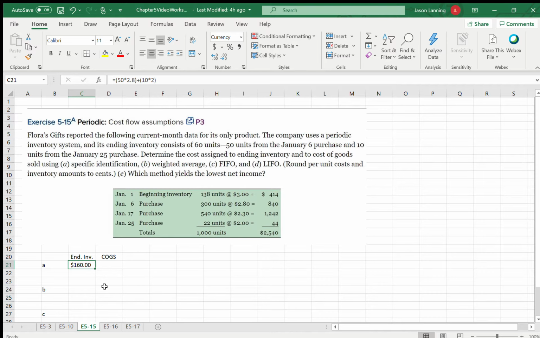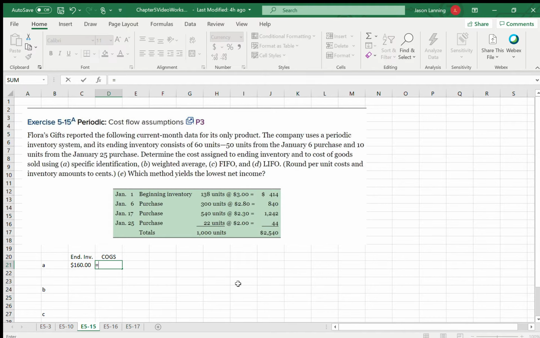So then all we have to do is take the total. We had $2,540 in goods available for sale. I keep wanting to say cost of goods sold, but it's goods available for sale. If we take the difference, this is cost of goods sold.